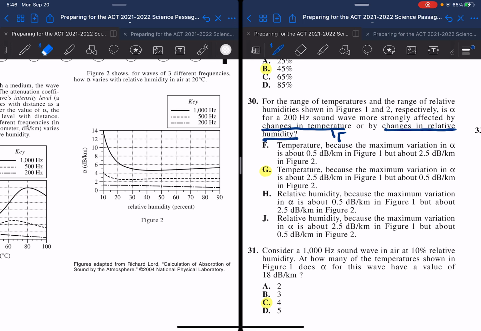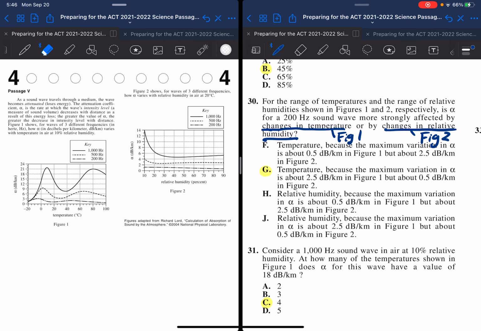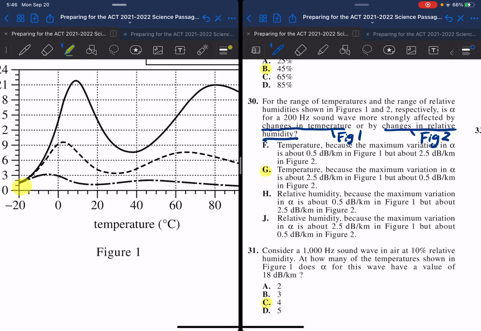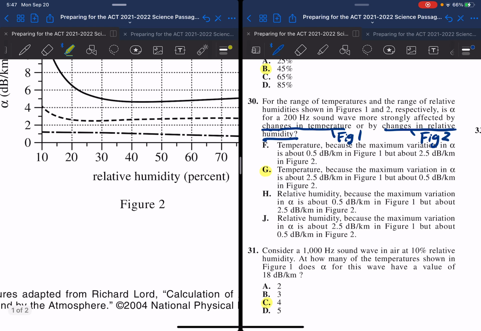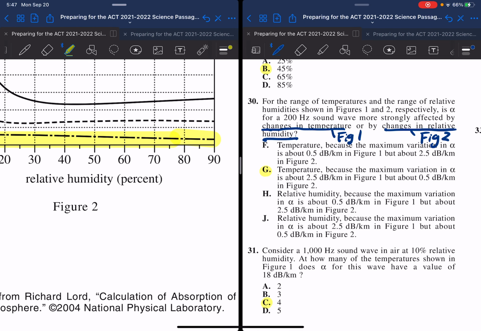This right here is figure 1, and this right here is figure 2. So looking at these two graphs, we're looking at the 200 hertz sound. So we are looking at this graph right here. It goes up, it goes down right there. And then this graph right here, that is what we're looking at.